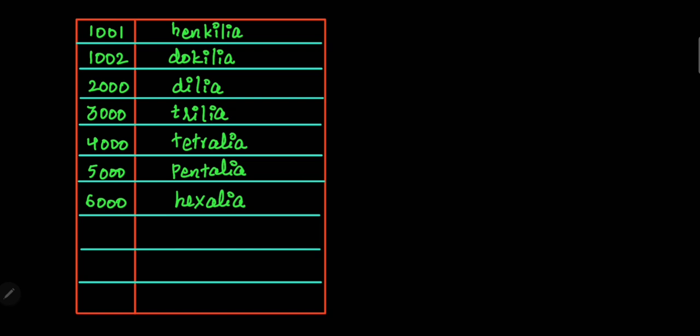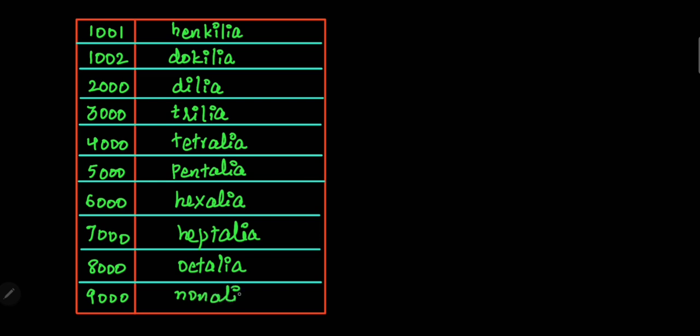6000 is hexalia. 7000 is heptalia. 8000 is octalia. 9000 is nonalia.